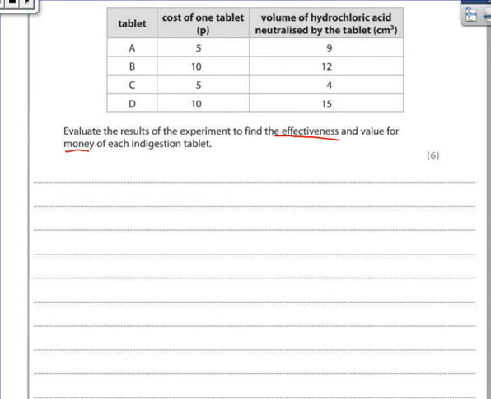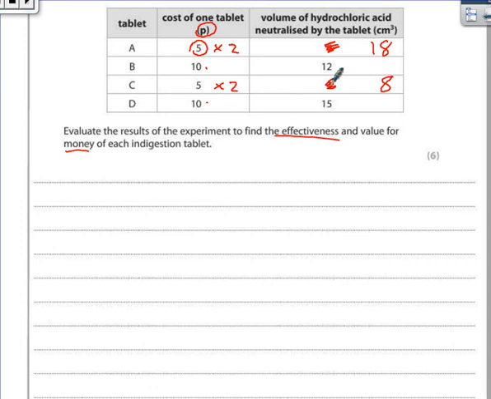If we're looking at the best value for money as to overall effectiveness, then if we look at this, it's 5p a tablet. So the cost for 10, if we convert them all into 10 pence, so 5 times 2, which means we could neutralise 18 centimetres cubed of acid. Again 10 pence per tablet, which means we can neutralise 8.